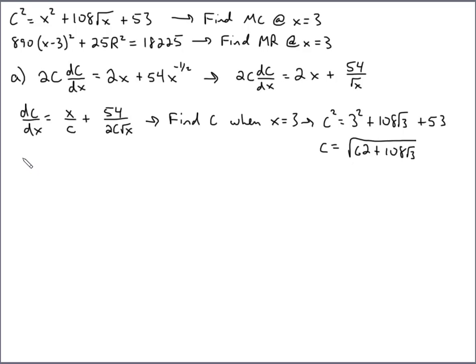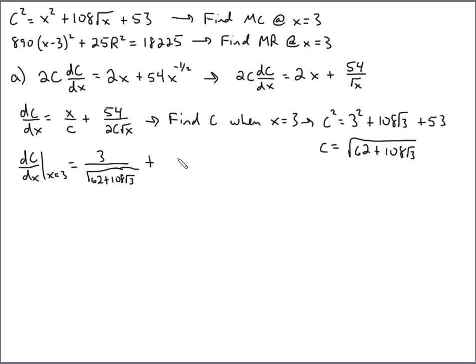Now next step, we need to find dc/dx when x is equal to 3. We can notate that like this. x over c, that's going to be 3 over the number we got here, root 62 plus 108 root 3. This is all under the same radical.